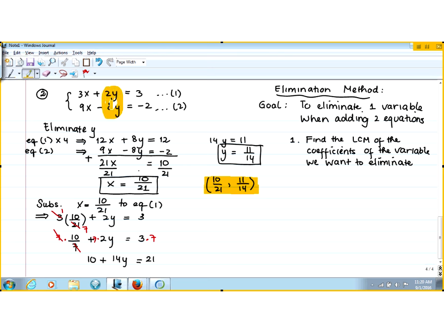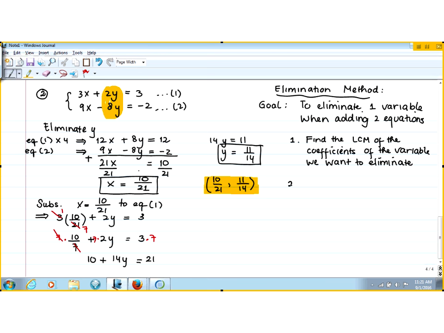That's what you want to do first. So if you have 2 and 8, what is the least common multiple here? 8. So that's why you're multiplying the first equation by 4.